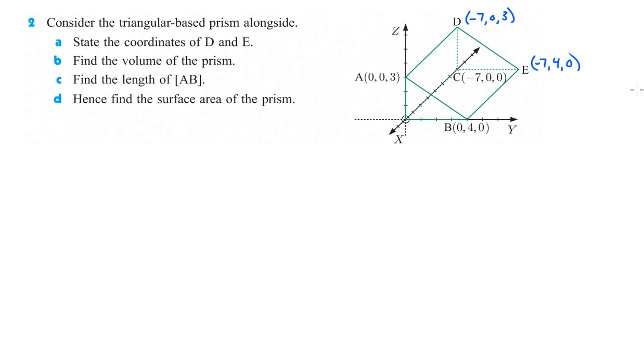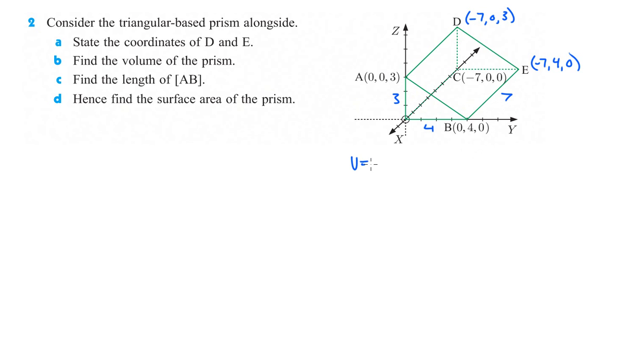Okay? Find the volume of the prism. So we want to know base, height, and length. So this base, this distance from here to here is 4. This height here is 1, 2, 3. And this distance back here goes from 0 to 7, so that's a distance of 7.